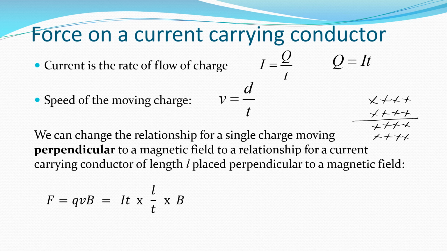The equation we have is F equals QVB, and what we're doing is substituting in our equations for charge and for velocity. So It replaces the Q, L over t replaces the v, as in d over t is L over t, and multiply that by the magnetic field strength. And this goes on to form the equation F equals ILB.